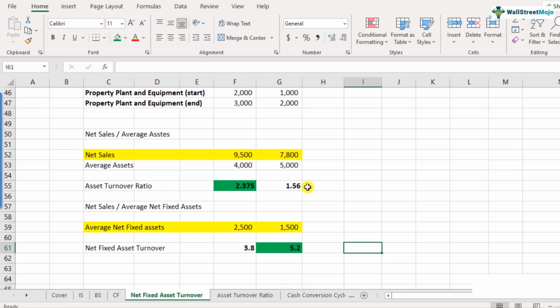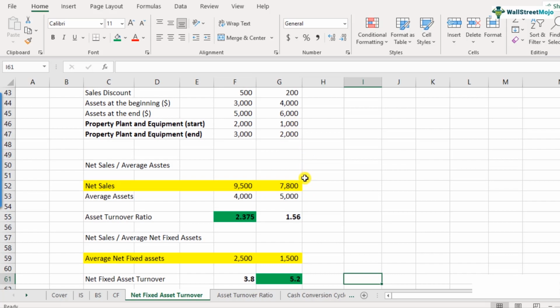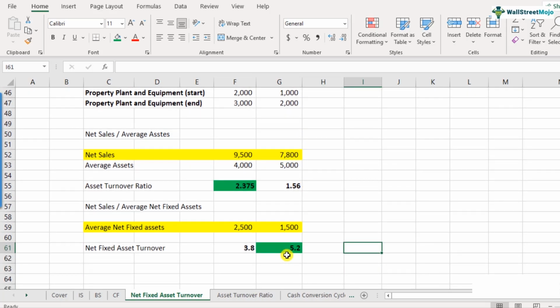So that's where a lot of assets are blocked, and if you only consider the net fixed assets, that's where they are really doing well. So if this was a manufacturing setup, we would have concluded that company B is doing much better as compared to company A. All right, so that's how you interpret the net fixed asset turnover ratio.